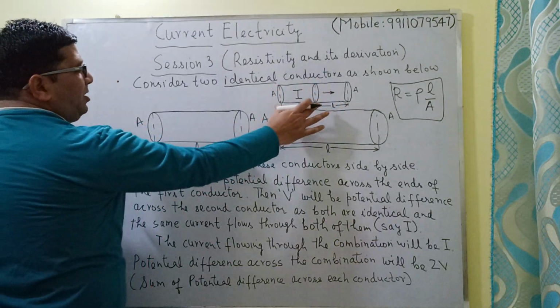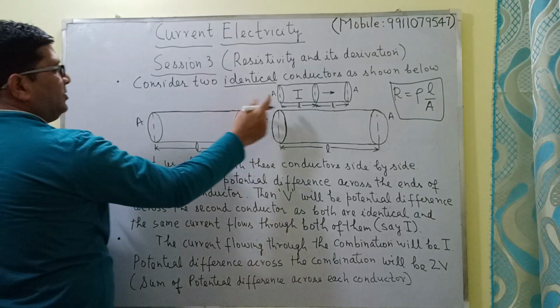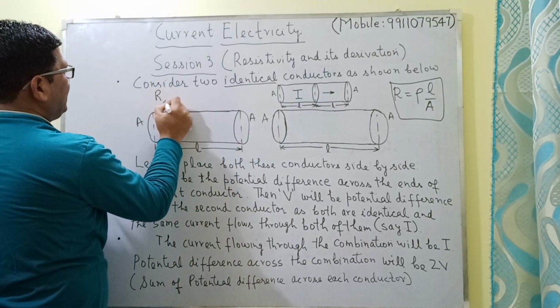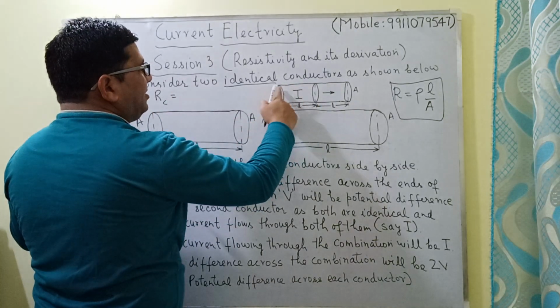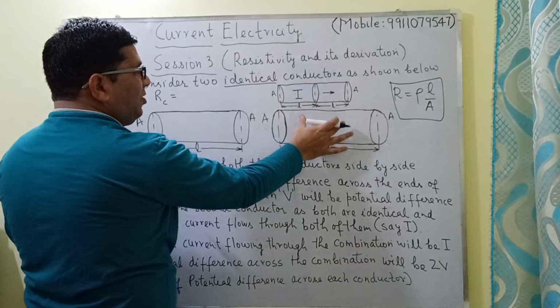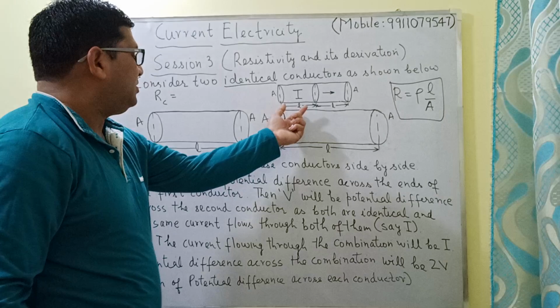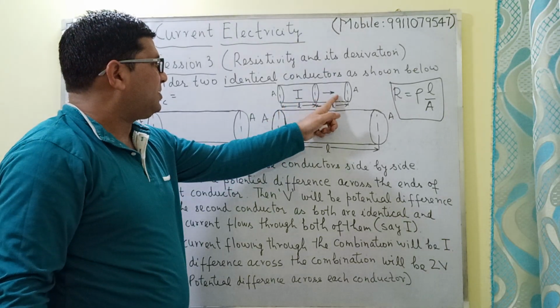Let's now talk about this combination. The resistance of this combination, let us say RC, will be equal to the potential difference across the ends of this combination, which will be 2V.